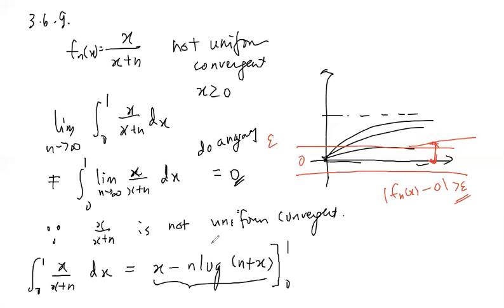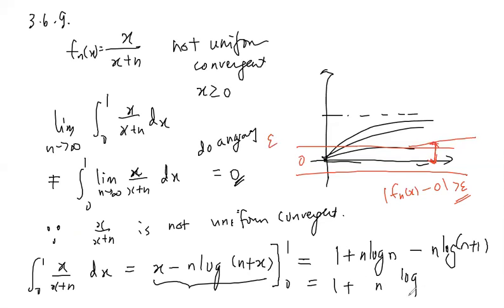So this is correct, and if you evaluate this integral, it will give you something like this: 1 plus n log n minus n log of n plus 1. Basically, this is 1 plus n log of n over n plus 1.